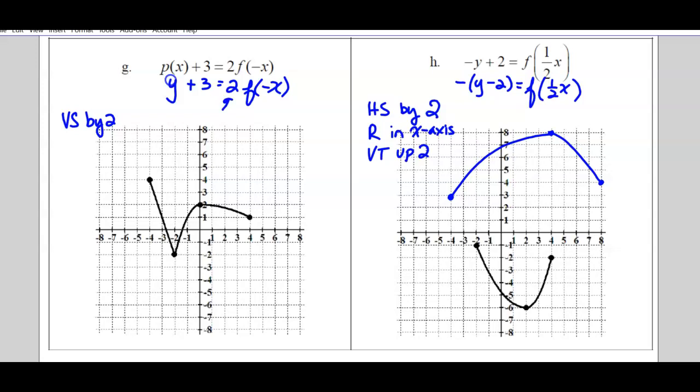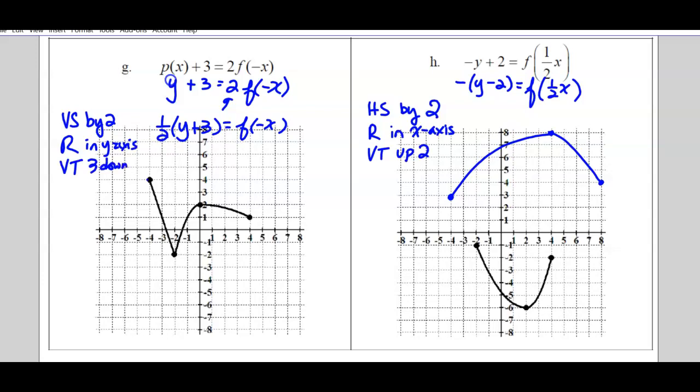So really, in proper transformation form, it would be this. In any case, vertically stretched by 2, reflection. So x is changing sign, so that's in the y-axis. And then a vertical translation, 3 down.